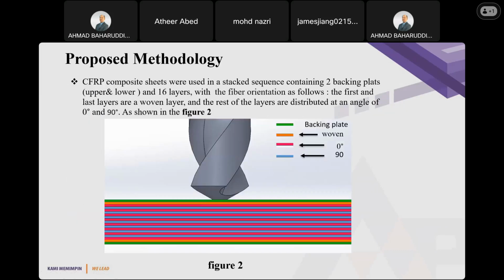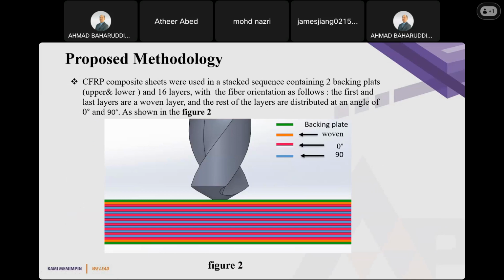Carbon fiber, like I said, is a composite sheet. I will divide it so each layer is 0.25. The total will be 60 layers.